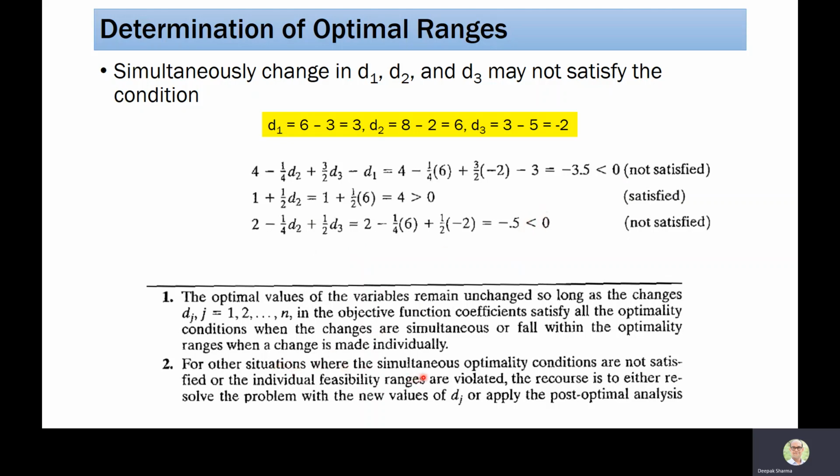Also note that when you are solving a maximization or minimization, the condition will change. For other situations, when the simultaneous optimality conditions are not satisfied or the individual feasibility ranges are violated, the recourse is to either resolve the problem or use post-optimality analysis, which we will discuss in the next class.